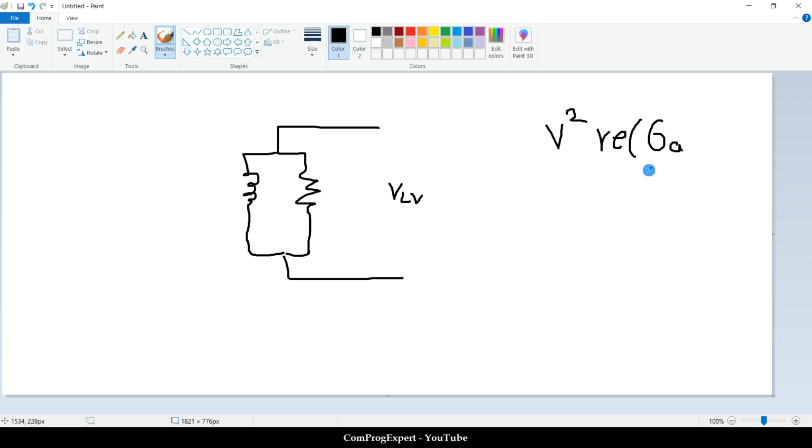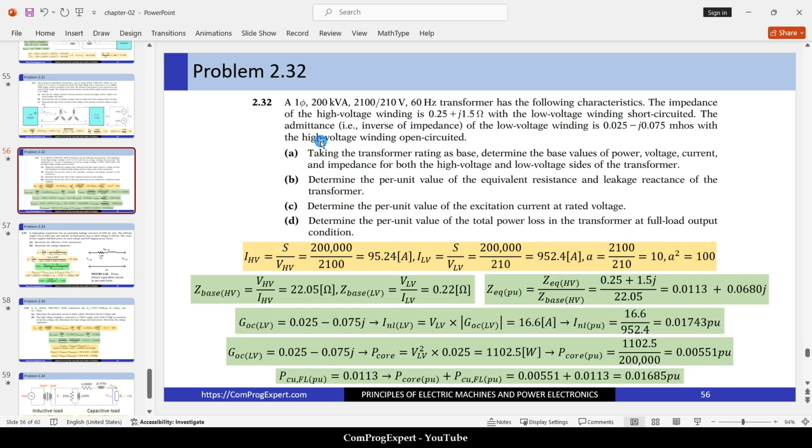That is conductance, right? So V squared times the real part is the iron loss. Iron loss divided by the apparent power is the per unit value of the iron loss, the core loss.